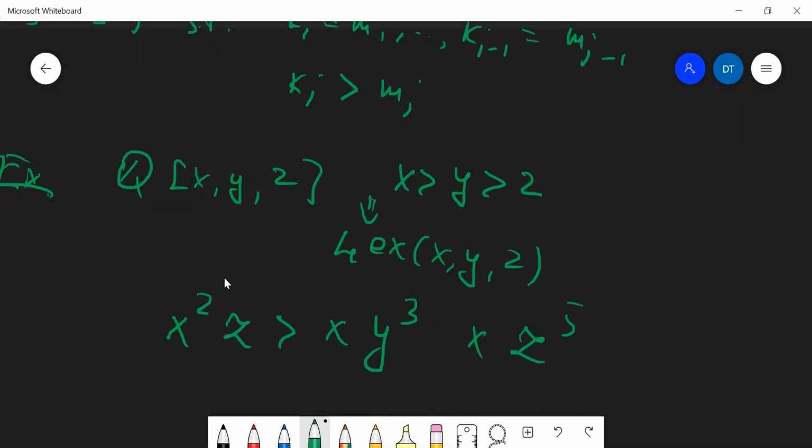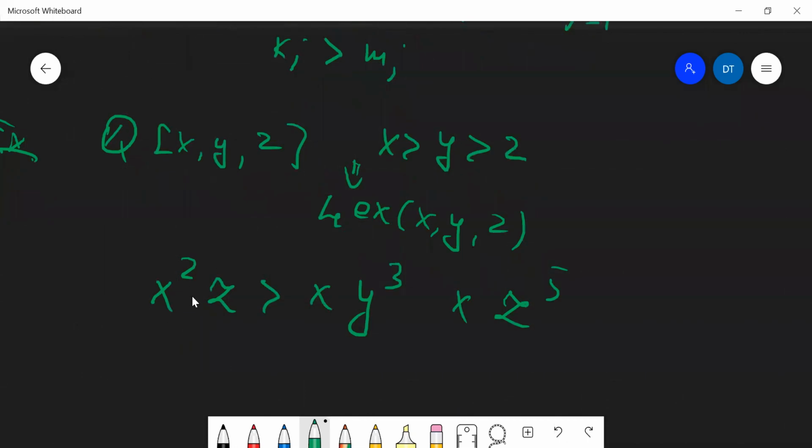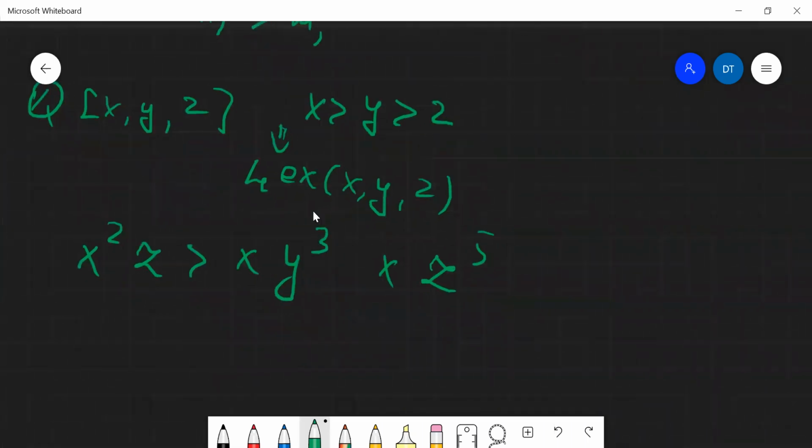With respect to this ordering, x squared z is strictly larger than x y cubed, because we compare the power of the first variable x, and here it's 2, here it's 1, so this must be greater than the second one. In the second case, when we consider this one with this one, the power of x is exactly the same here and here.